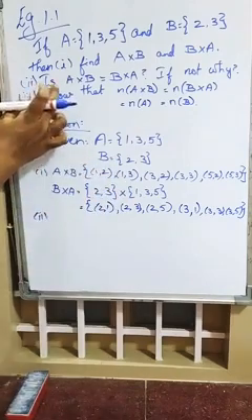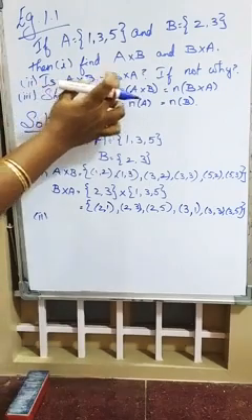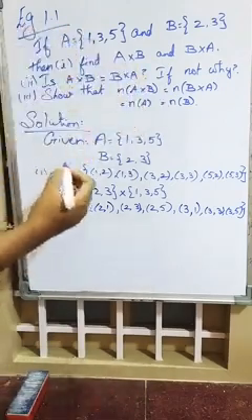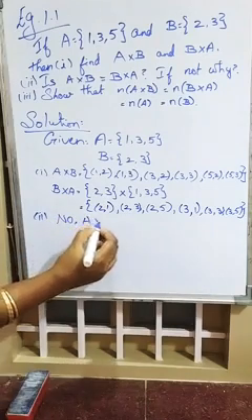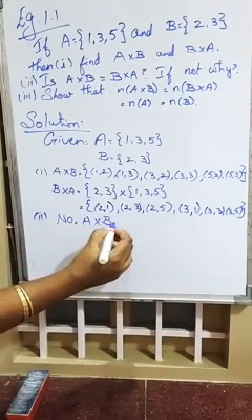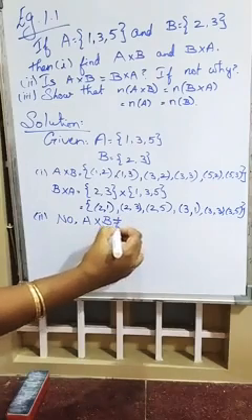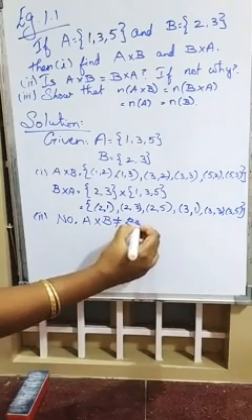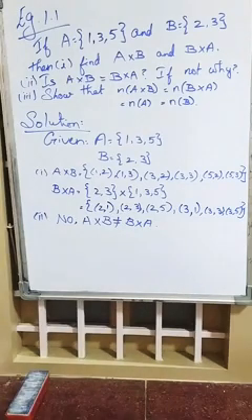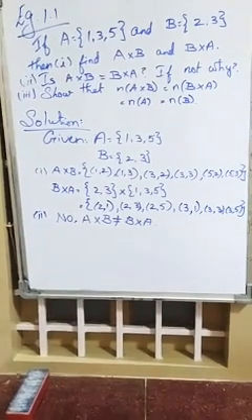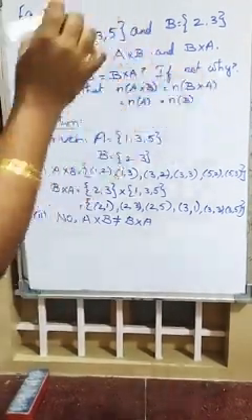Therefore, your question is, is A cross B equal to B cross A? That is not true. Therefore, no, A cross B is not equal to B cross A. Why?